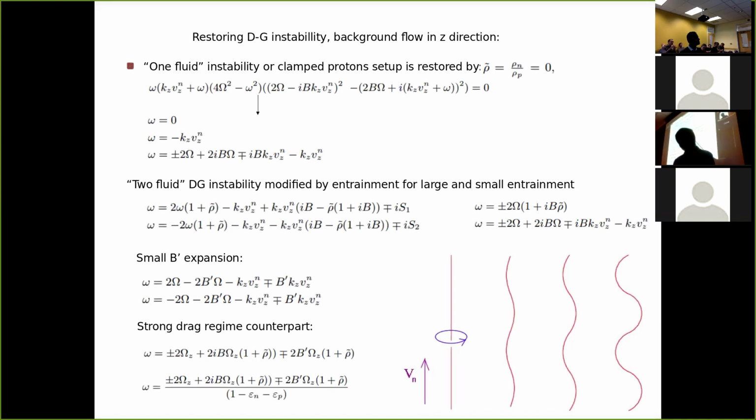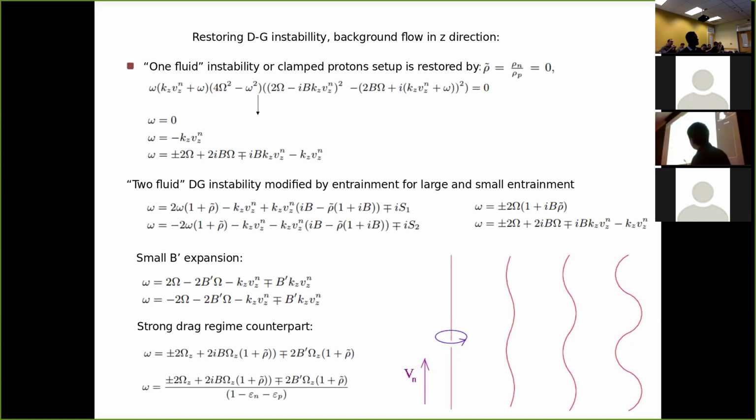And for the two fluid case, equations are much bigger, but if we expand with respect to small entrainment, we arrive at the one fluid result. This means that there is no difference between these setups if the entrainment is small. And the entrainment parameter is very important for neutron stars, especially if you consider the core.